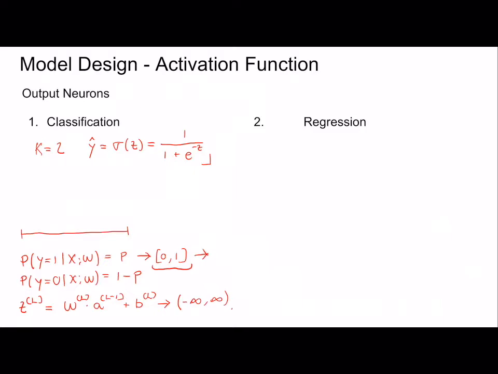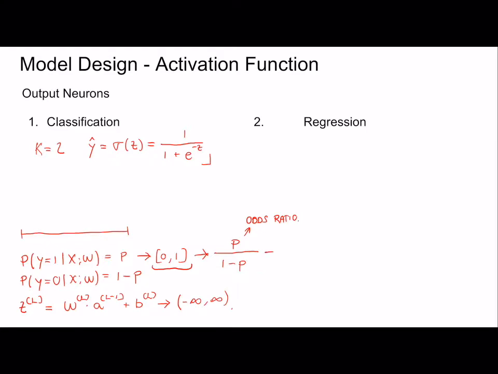So the first transformation that we apply is to take the ratio of the probability of one class divided by the probability of the other. This ratio is called the odds ratio.